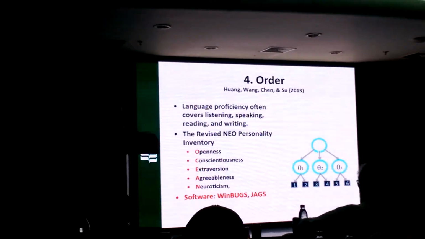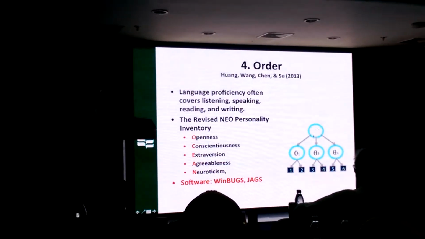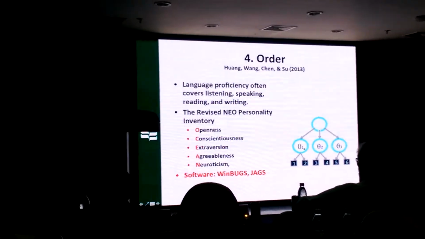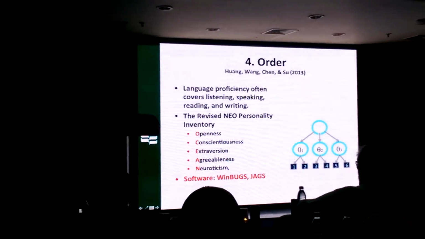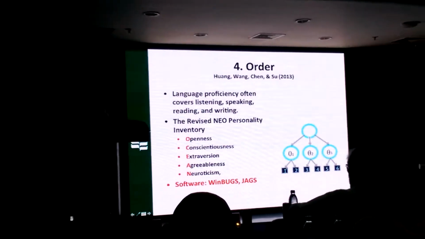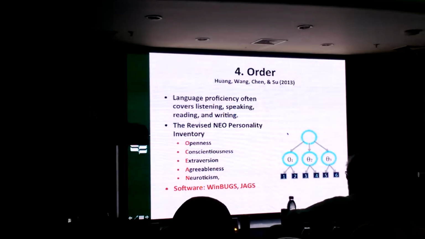In this example, the top one is the language proficiency, and this could be listening, reading, or speaking, and underneath are the items. So each student will receive, in this case, 4 scores.